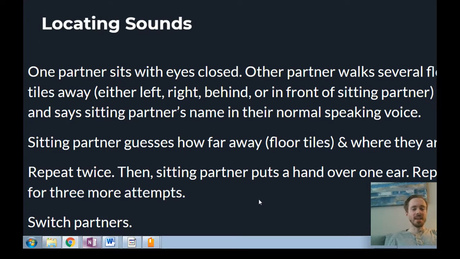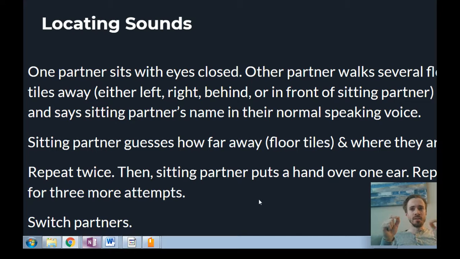And we have that capability because we have 2 ears, right? If we just had one, that would be difficult. Think if you had to close one off, you would have difficulty hearing things over here. You would assume just about everything was coming from one side. So our brain, using both ears at the same time, interprets where the sound is coming from, and what it looks for is basically a shadow.